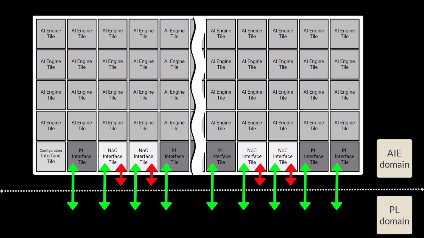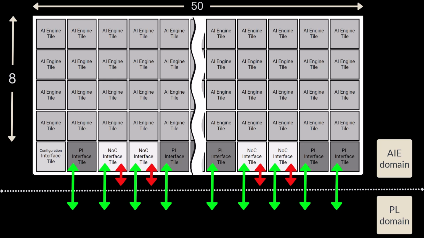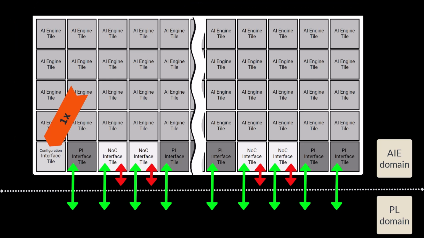In a VC1902, for instance, there are 400 AI engines arranged in 8 rows and 50 columns. The bottom row, not counted as part of the 400, has one configuration tile, 23 PL interface tiles, and 16 NOC interface tiles.